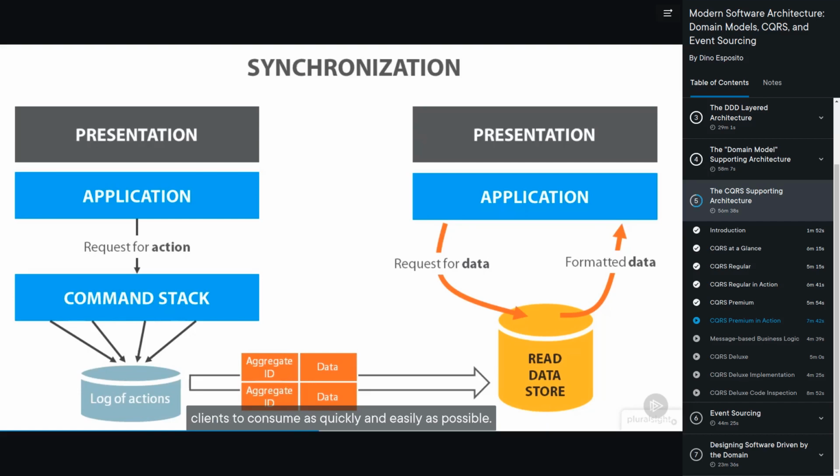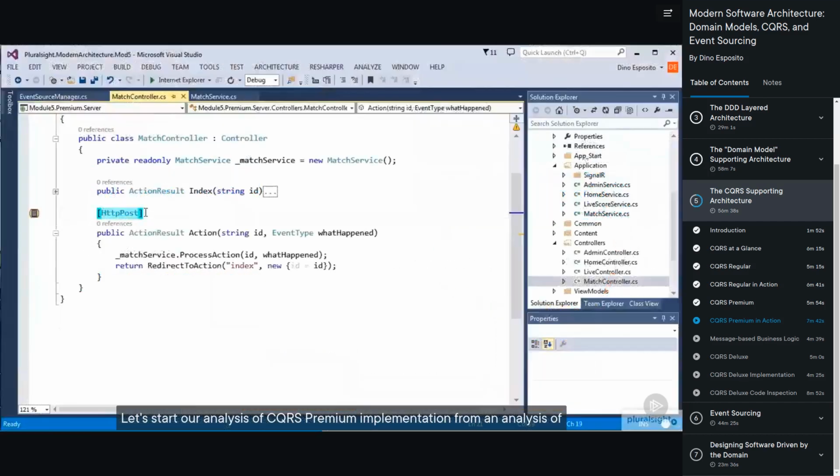Let's start our analysis of a CQRS premium implementation from an analysis of the command stack and precisely what happens when the front end sends a request for action down to the command stack. Because everything passes through a controller class, we need to take a look at all methods in a controller class that can handle post requests.